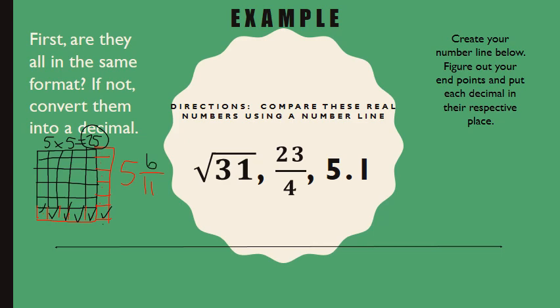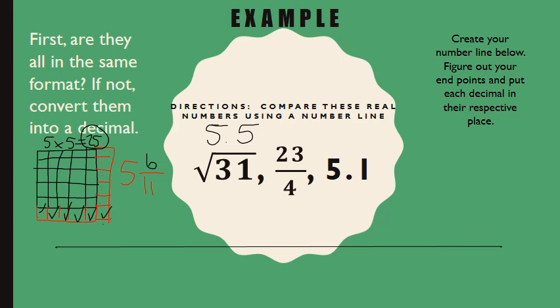We can write this as a decimal by keeping our whole number 5 and then doing 6 divided by 11, which my calculator gives me 0.545454 forever, but we're going to estimate just by writing the first number after the decimal whenever we do a square root. So 5.5. It's around there.